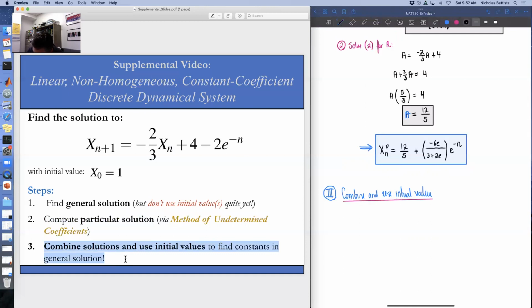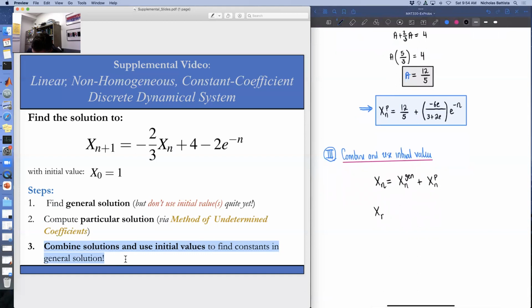Our full solution, x_n, should be equal to the solution we get from the general, which was the homogeneous solution, and our particular solution that we just solved for through the non-homogeneous equation. If we go back, our general solution was c times minus 2 over 3 raised to the nth power, and our particular solution is the one sitting up above, the 12 over 5 plus this constant times e to the minus n.